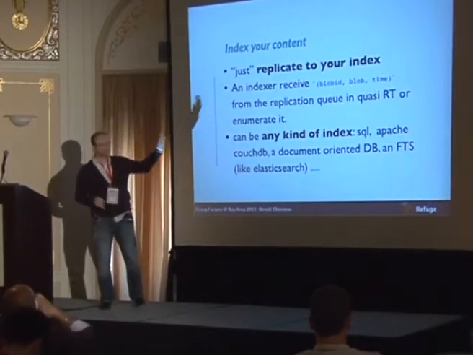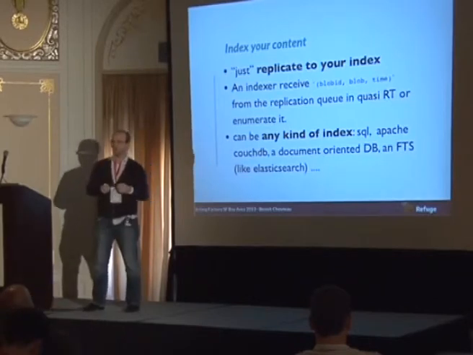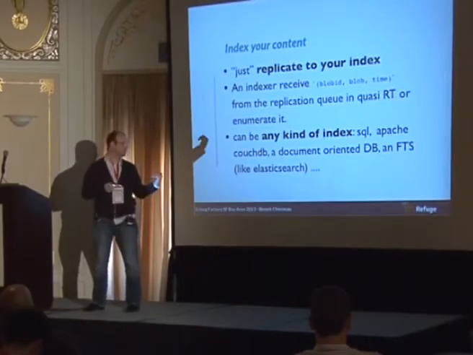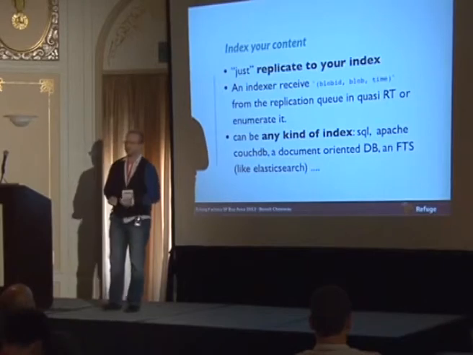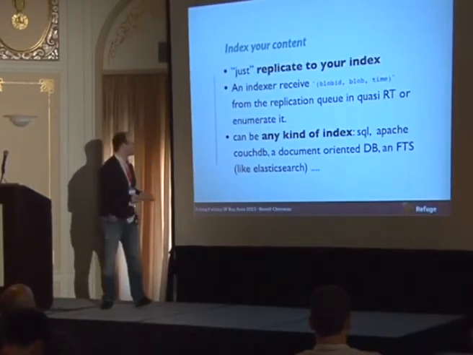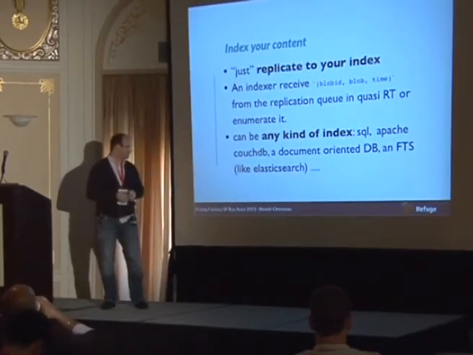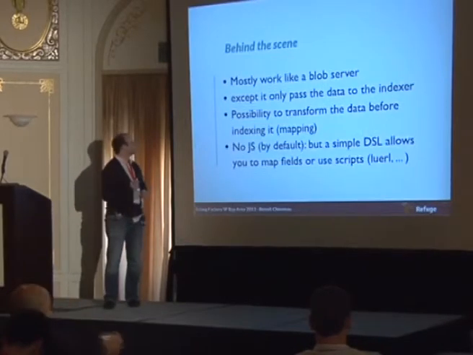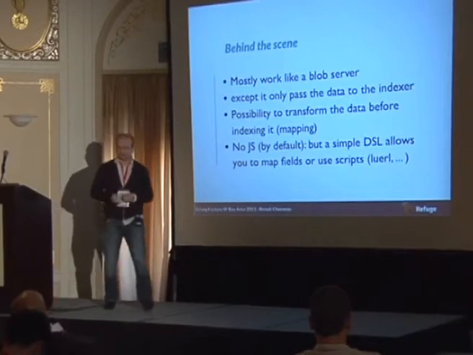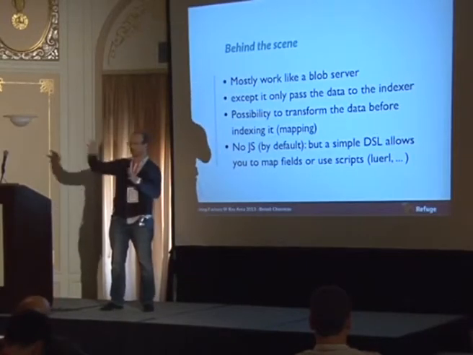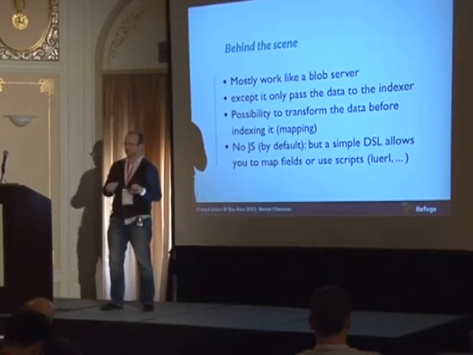If you receive a video and you want to extract the metadata from it, you can call a script, extract the metadata, and start to index that in your indexer. Can be any kind of index, like I said. So behind the scene, it just works like a blob server for the most part.